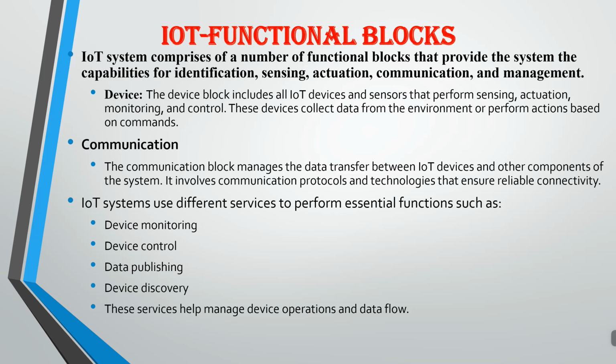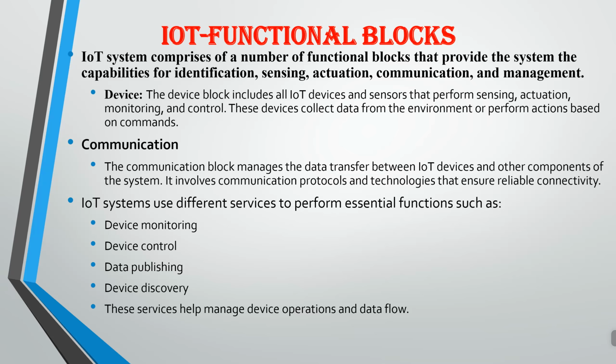The data will go from your house, the camera, through your DVR, through your internet line, and it is communicated to your mobile phone, maybe anywhere, and then you can process the data and get a meaningful result out of it. So basically, the two important functional blocks include the device and communication.